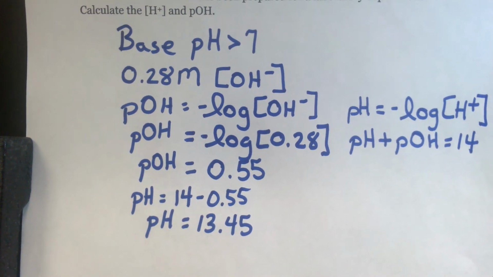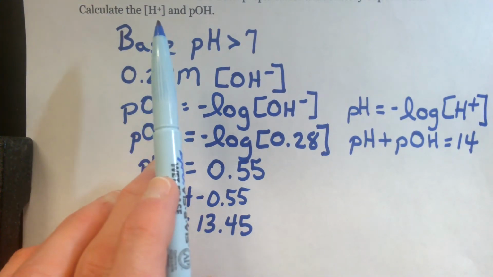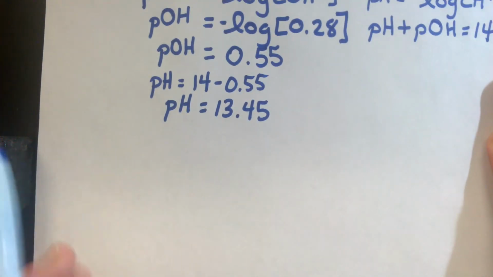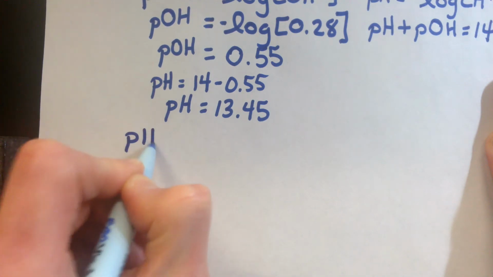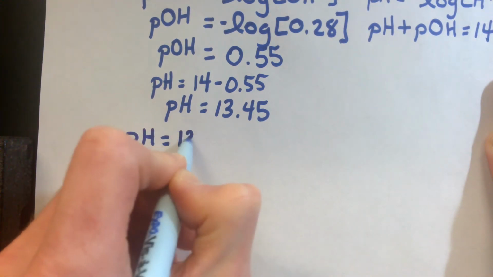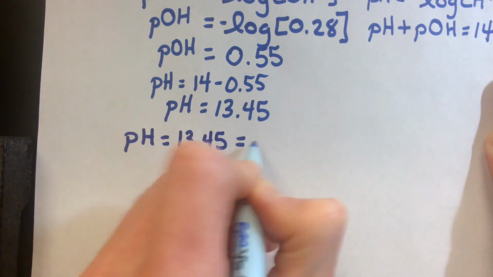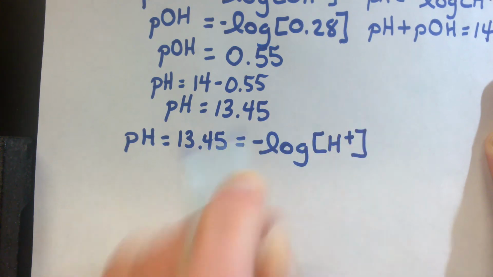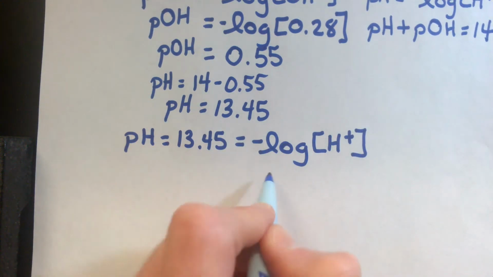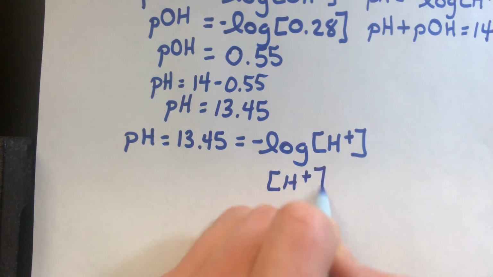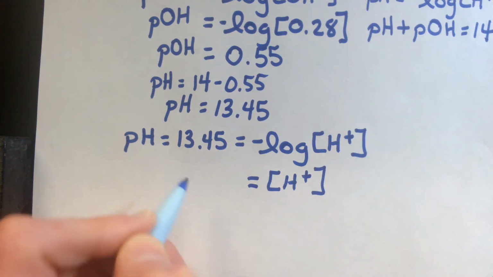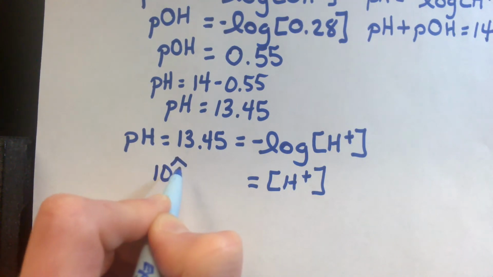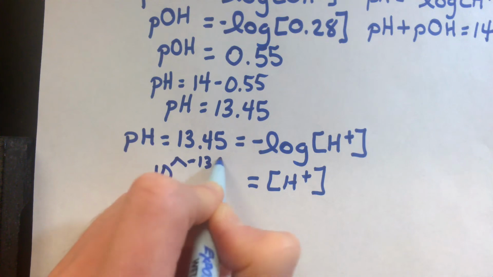Now, we also need to calculate this hydrogen ion concentration. So we can work it two ways. We can take pH equal to 13.45, which is equal to negative log of H plus. We could solve it this way. So H plus is equal to 10 raised to the negative 13.45.